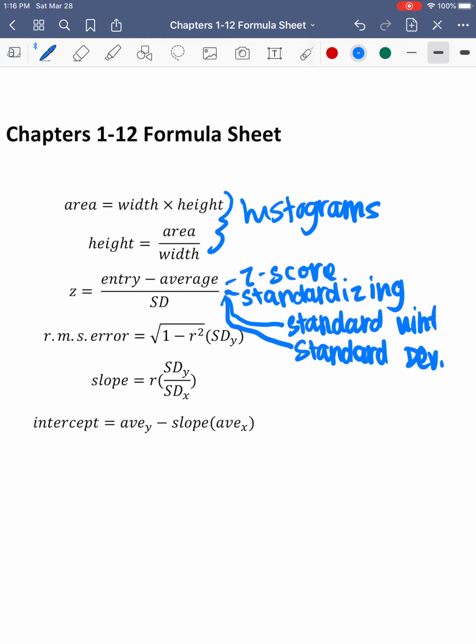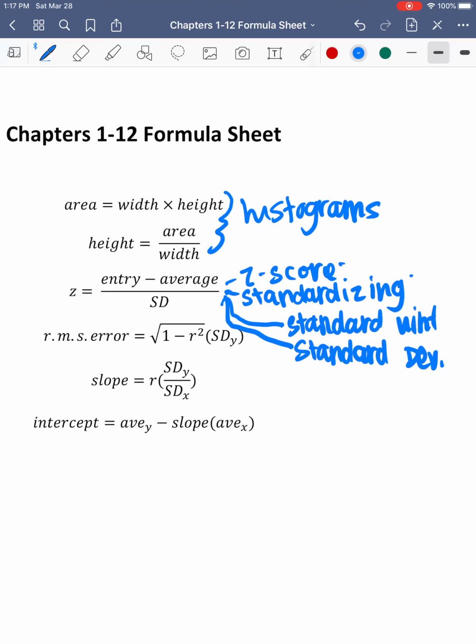Okay, so all of those are different ways to refer to the Z-score. The most common are Z-score and standardize. With this Z-score, typically if you're finding the Z-score, you're going to go on to shade norm. And with it, what you're looking for is typically the area under the curve.